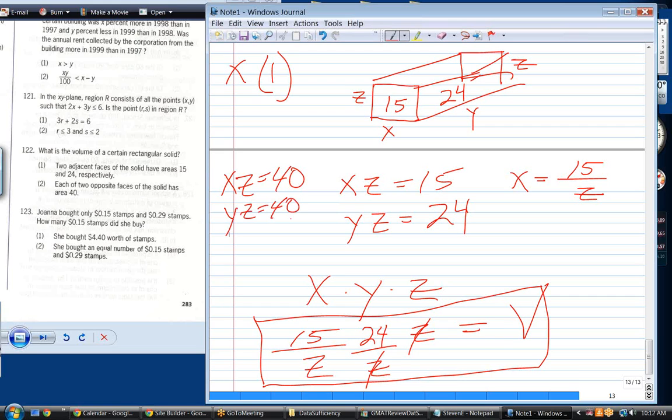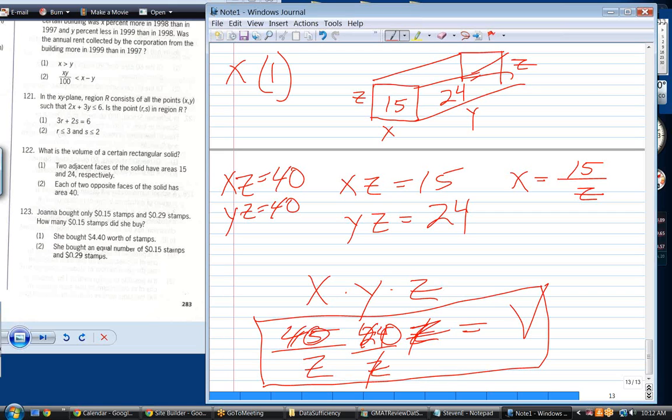Does that change anything? x is equal to 40 over z. So we would have 40 over z times 40 over z times z. We still have z squared in the bottom and a z in the top. We're still going to need z. Statement 2 definitely doesn't solve it.